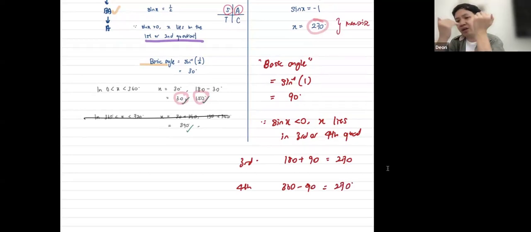It doesn't lie in any quadrant. It's smack in the middle, which is why MOE doesn't want to do that anymore. They've decided that if it lies on the line, it does not lie on any quadrant, so we will not consider it as part of a quadrant. That's why I say memorize. I hope that answers your question.